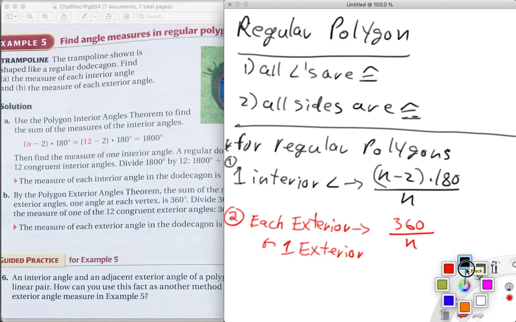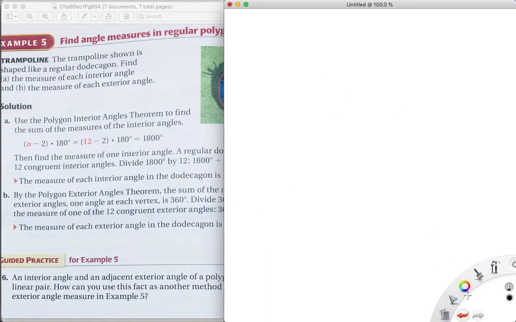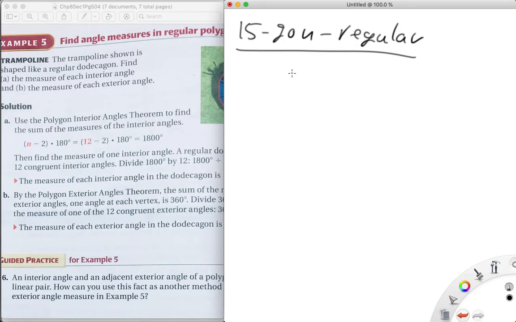So if I had, let's say, a 15-gon, and I knew that it was a regular polygon, then if I wanted to find what one of the angles was going to be, since I know they're all going to be the same, it would be 15 minus 2 times 180 over 15, the total number of sides.